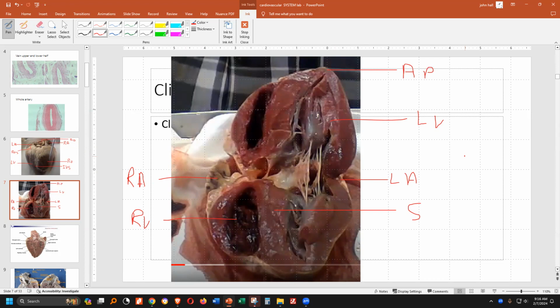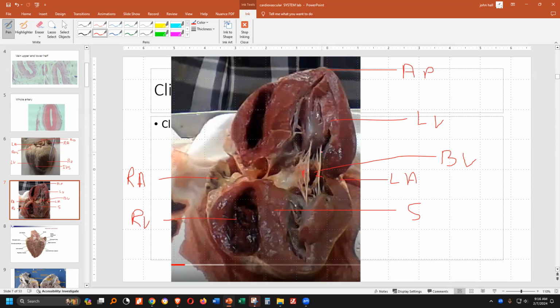Right? Now, as for the rest of this, here is a valve. This is the bicuspid valve, because of course it has two parts. You can see one part here, and here's the next part here. So bicuspid, two cusps. So that's your valve, right?